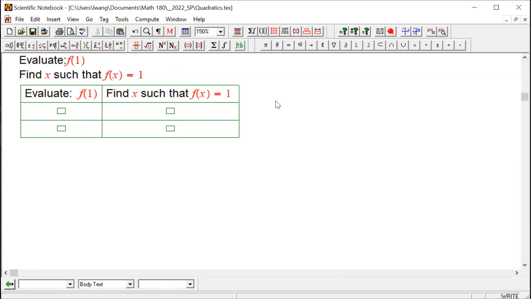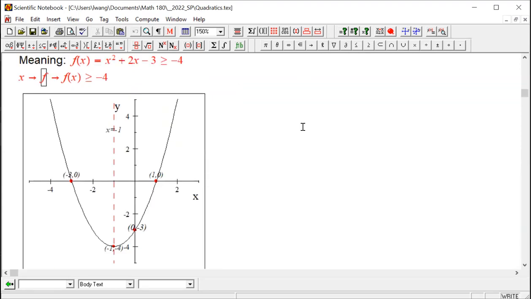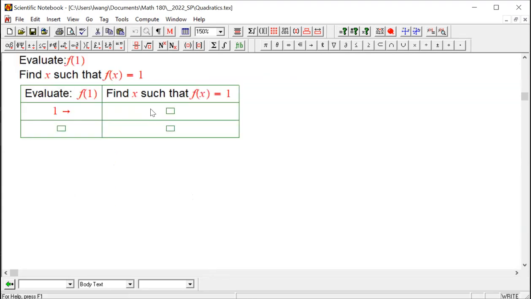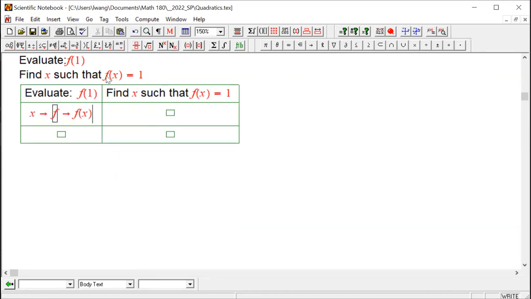Some of you may know the difference, but here I still want to emphasize it. In the first situation, the input is given. In the first case, the input 1 is given, and we're looking for the output.